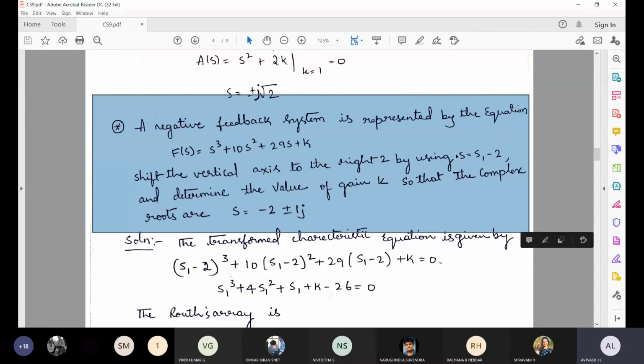A negative feedback system is represented by the equation f of s equal to s cube plus 10s square plus 29s plus k.